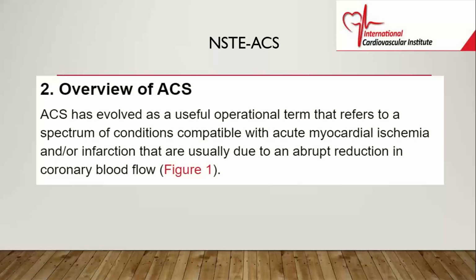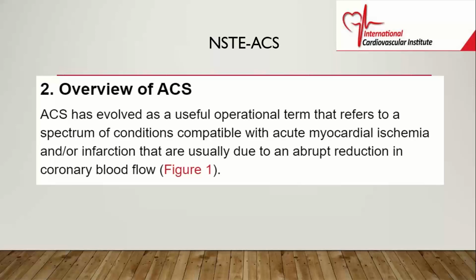When we talk about a heart attack, it is due to decreased blood flow in the blood vessel around the heart. You can have a partial occlusion of the blood vessel, or you can have a complete occlusion of the blood vessel.